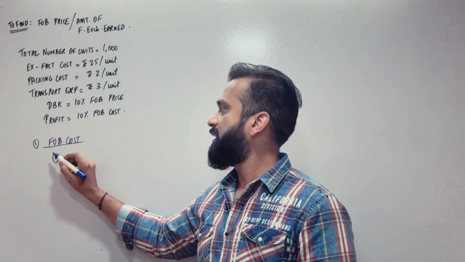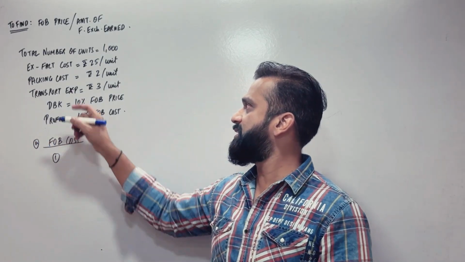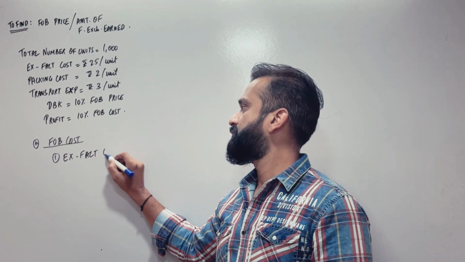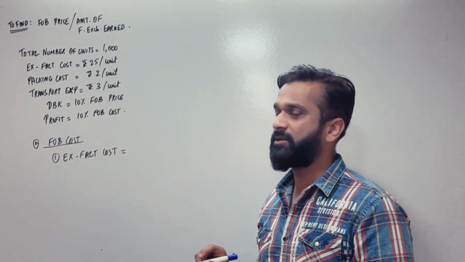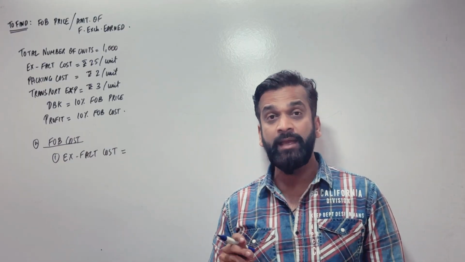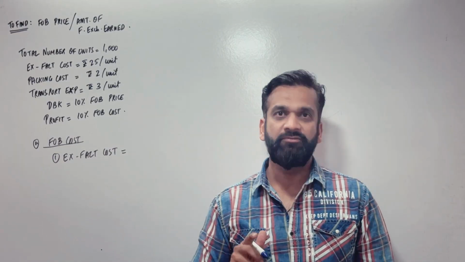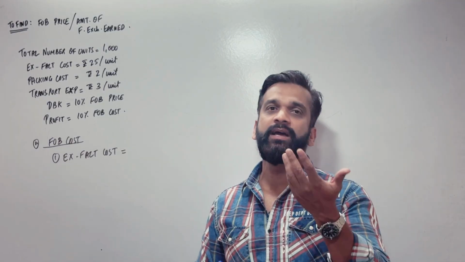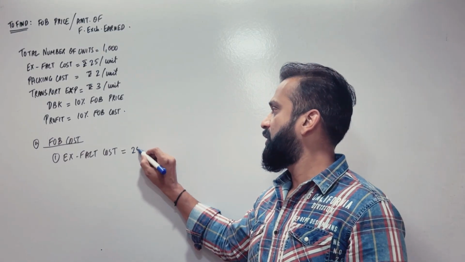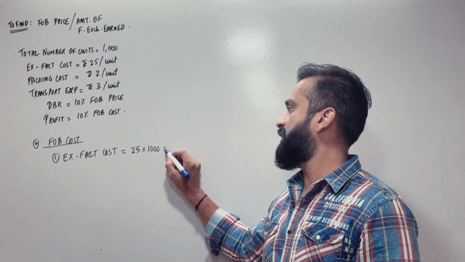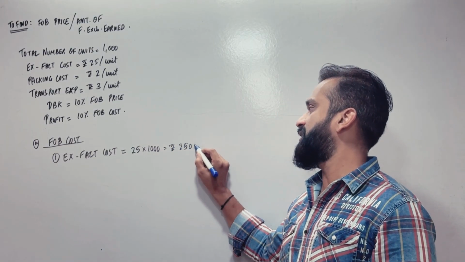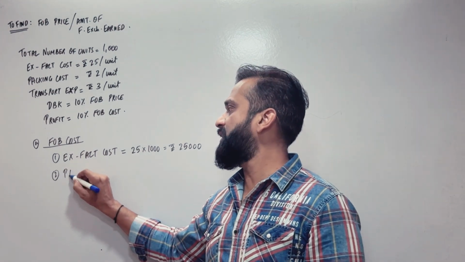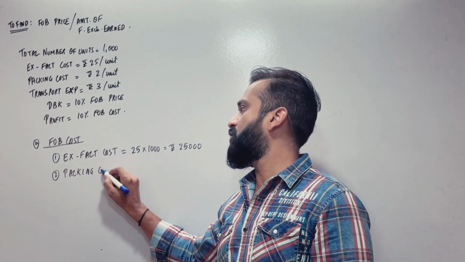First expense is ex-factory cost. What is ex-factory cost? It is rupees 25 per unit. That means for 1 unit it is 25. So multiply by 1000, it will become 25,000. So I will write here 25 into 1000, that is equal to rupees 25,000. Second expense is the packing cost. What is the packing cost?